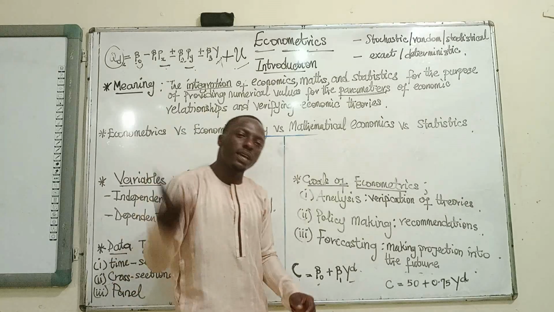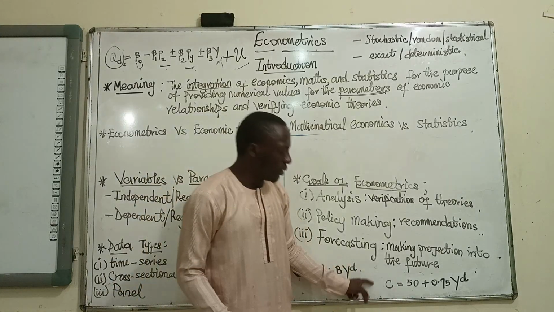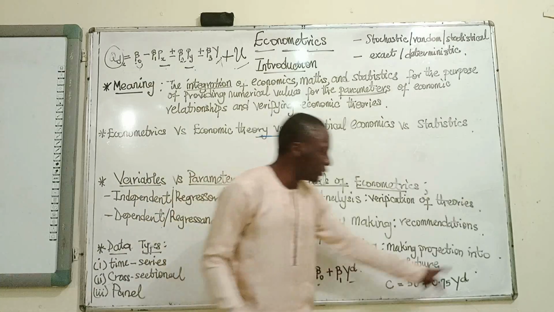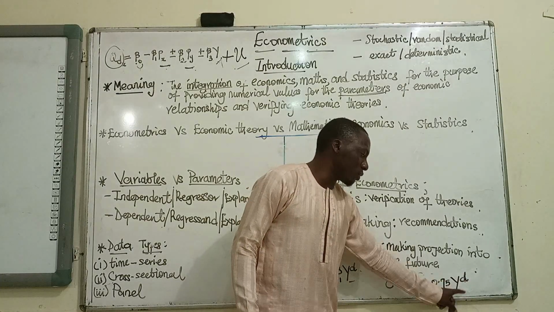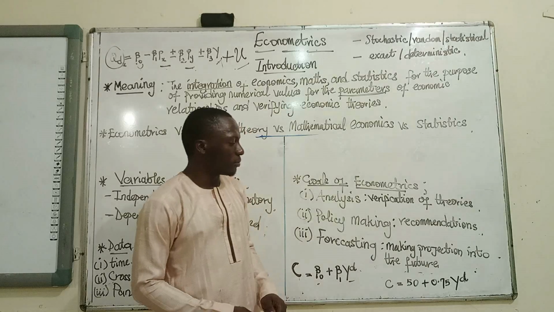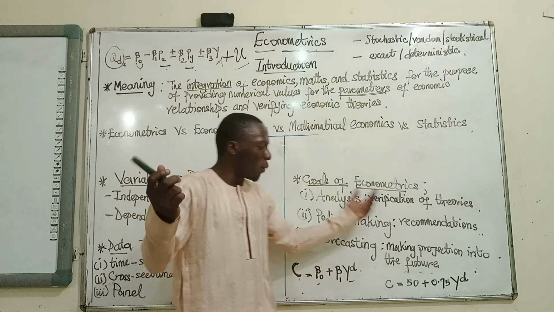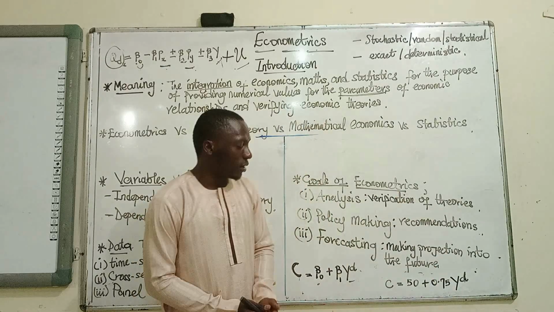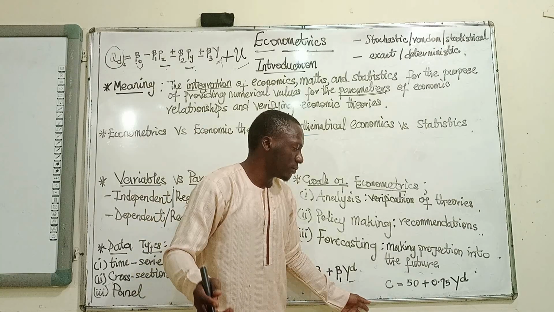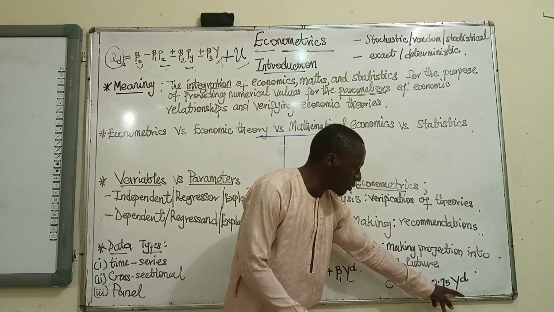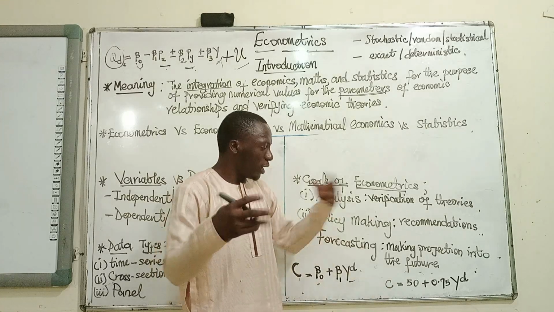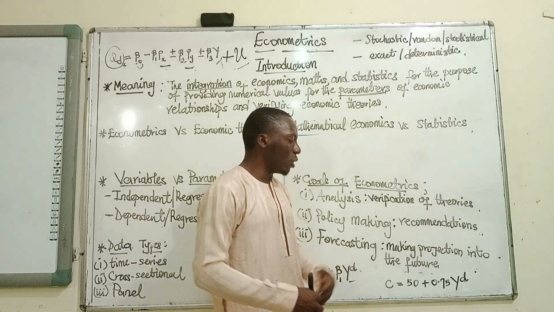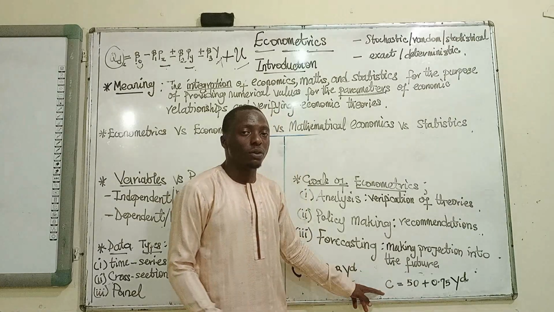We can always get the different values of the dependent variable C, given the fixed values of the independent variable, the regressor, this YD, disposable income. An example, if YD is 400 billion naira, what will consumption be? Of course, you can only slot that in a calculator and you get what C will be. Or if YD is 100 billion naira, what will C be?